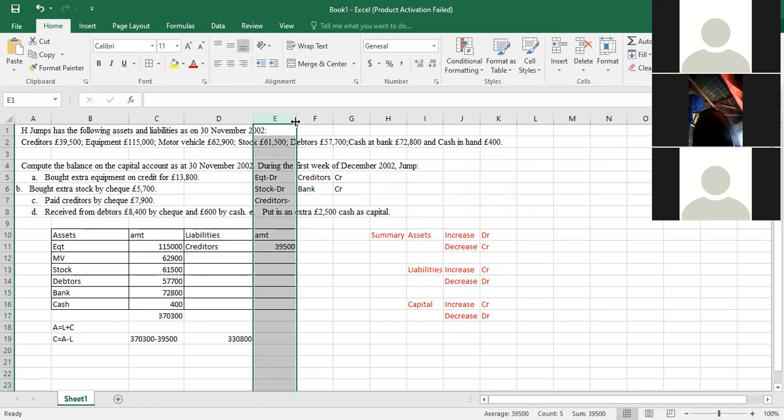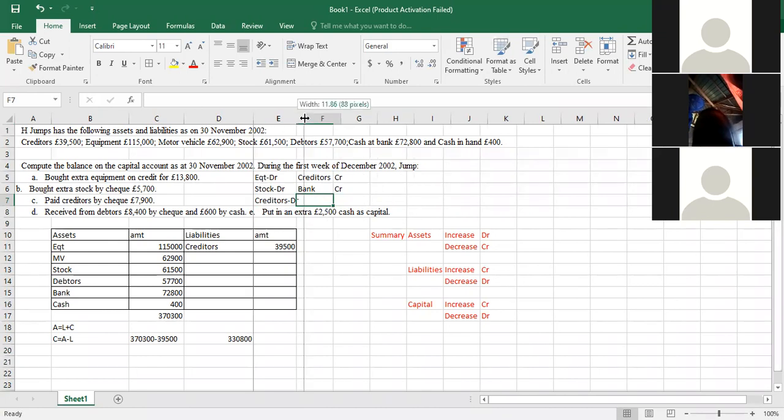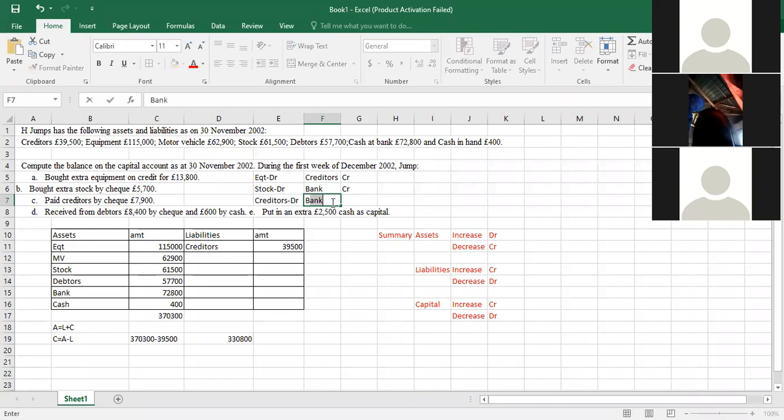Now, paid creditors by check. So once they decrease, what are we supposed to do? Creditors are liabilities, isn't it? When liabilities decrease, it's debited. Debit. Wonderful. Then the other account that will be affected is the bank account. So our bank is decreasing because we are paying. So when assets decrease, we credit. Wonderful. We go to the next transaction.